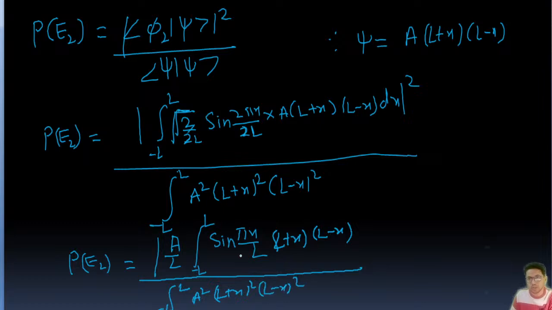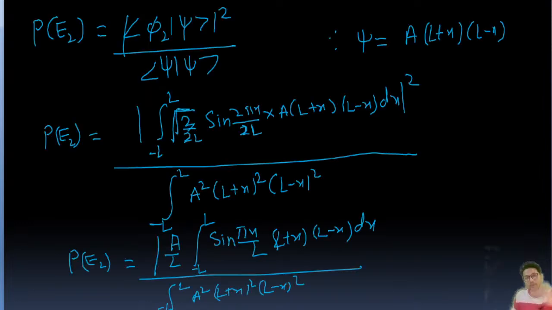So here you can see that sine πx upon L into (L plus x) into (L minus x) is an odd function, and the limit is between minus L to L. So this is going to be 0, right? If the function is odd and it is between minus a to a or minus L to L, the integration of this becomes 0.